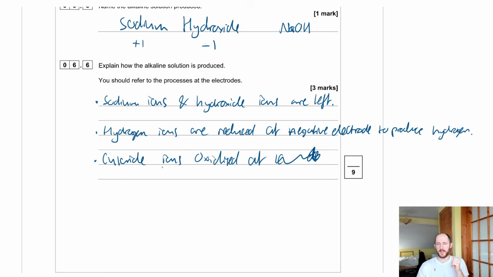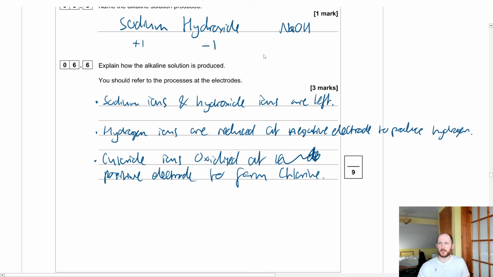Let's call it the positive electrode, to form chlorine. So the alkaline solution is just basically produced of what's left over. So we have the... Maybe I wrote this in the wrong order.